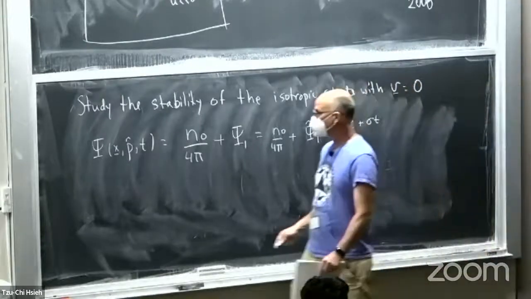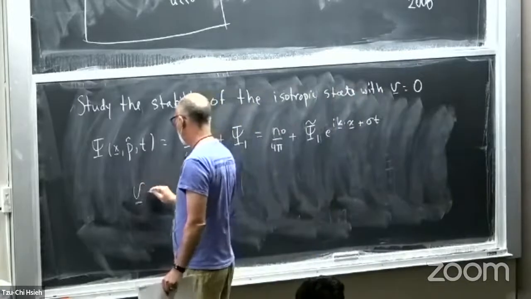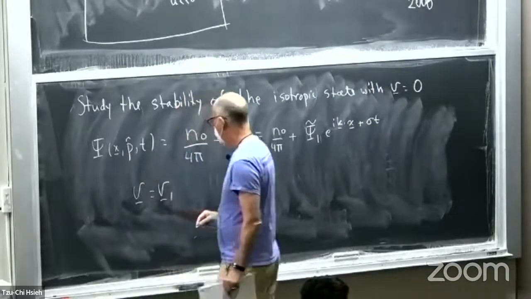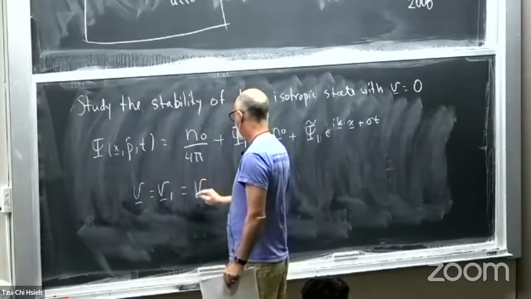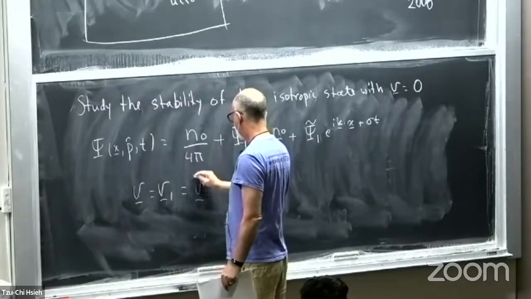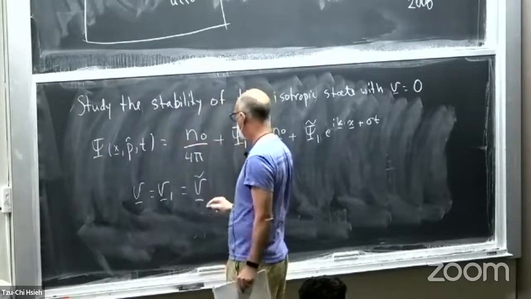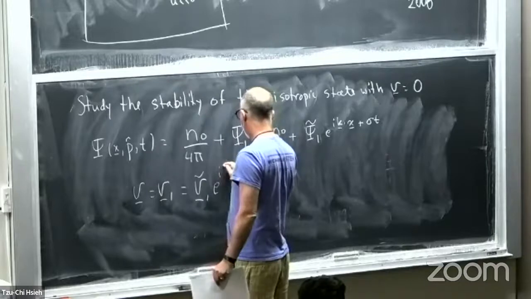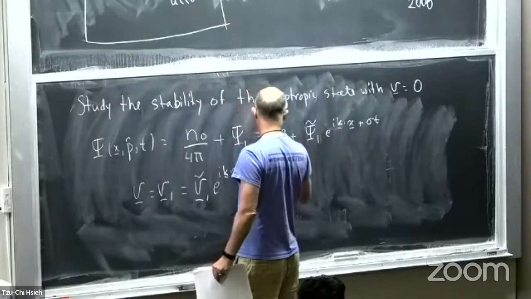And the velocity, there's no velocity to start. So the velocity is going to be first order. There's no velocity in the base state.